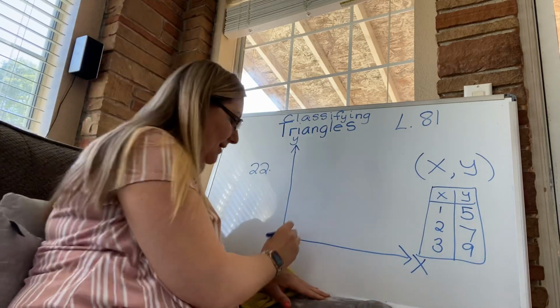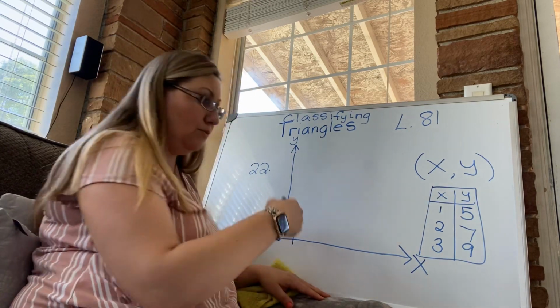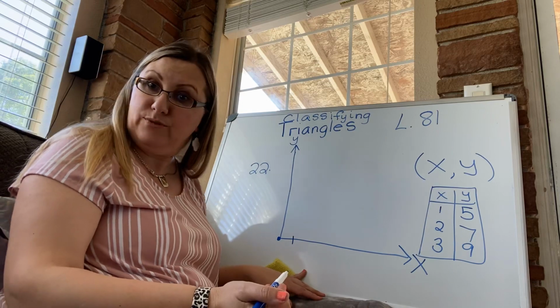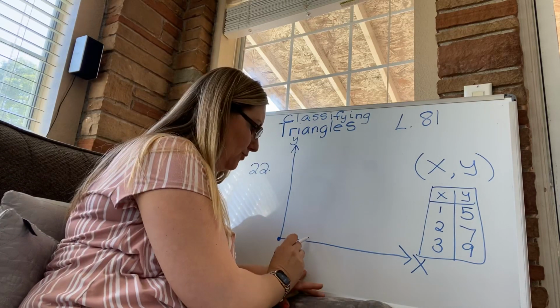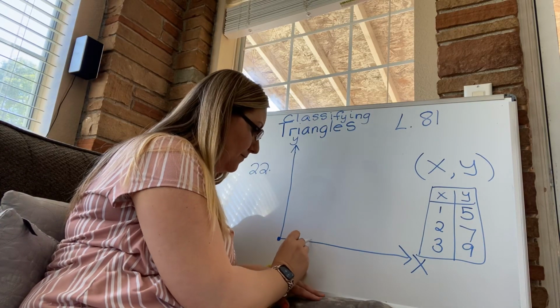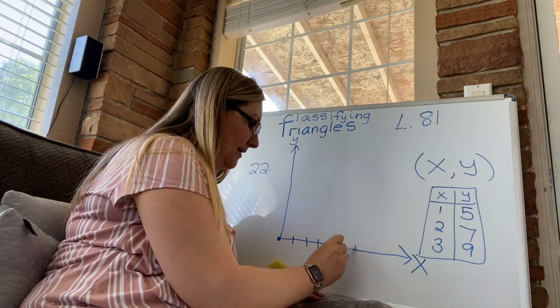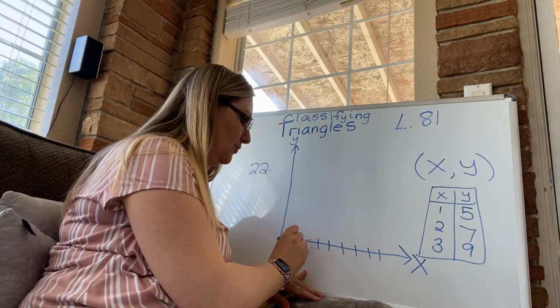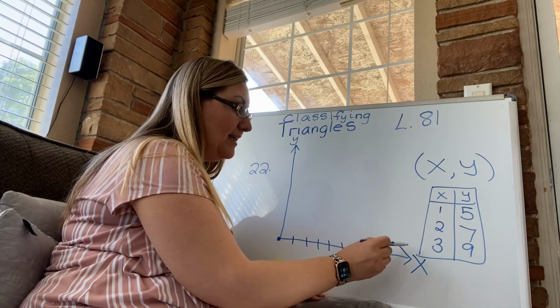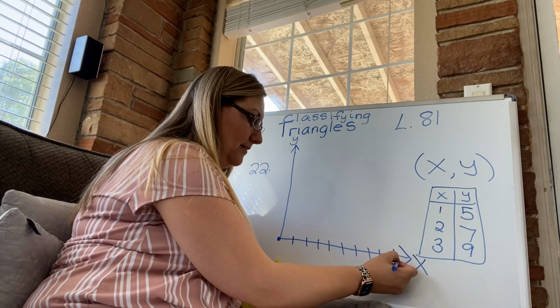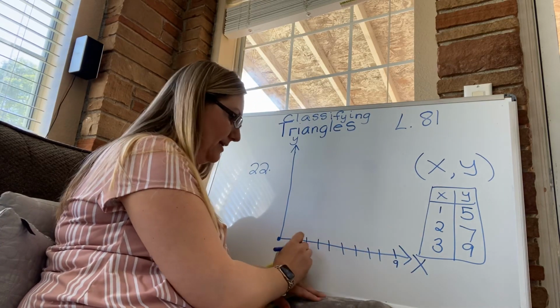So we can count by twos like we did in a lesson 2 lessons ago, lesson 80, or we could just go by 1, 2, 3, 4, 5, 6, 7, 8, and 9. So that brings me to 9, 1 to 9.